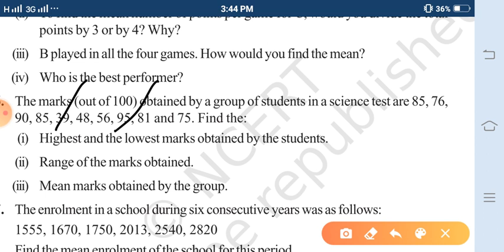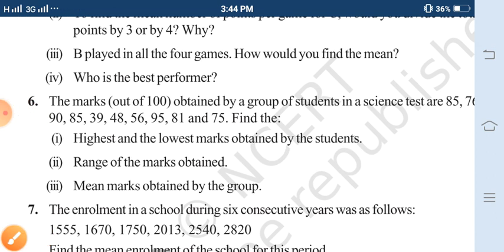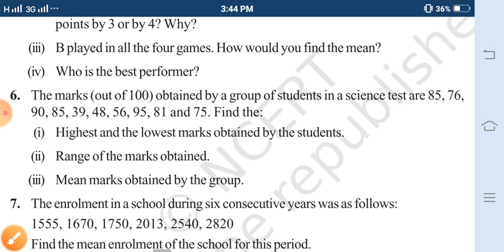Now range is highest value minus lowest value, 95 minus 39. And then you have to find the mean. You will do this sum yourself.